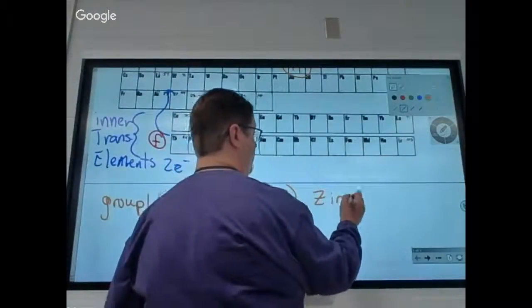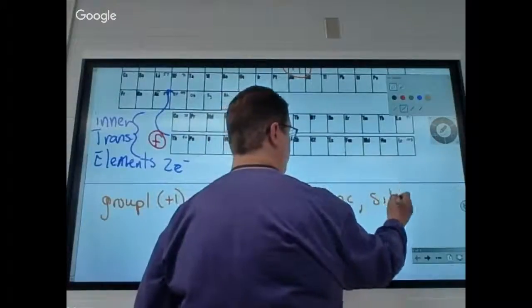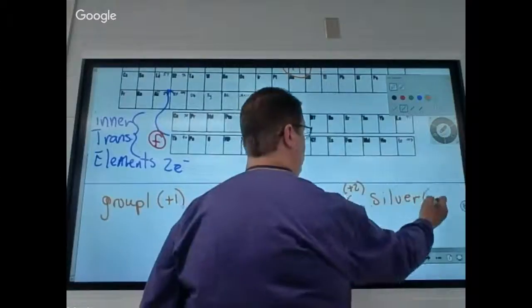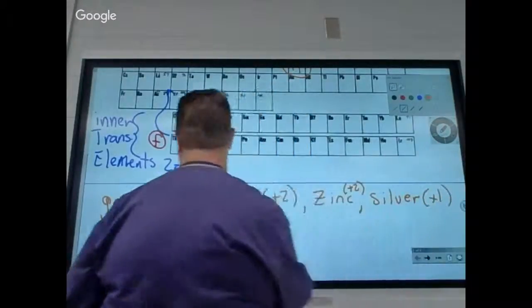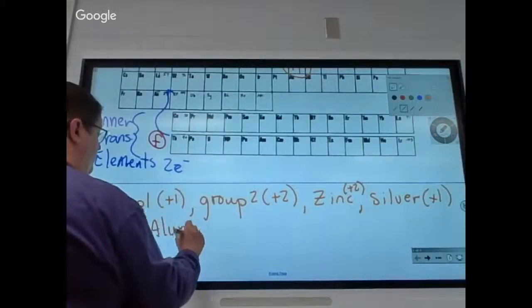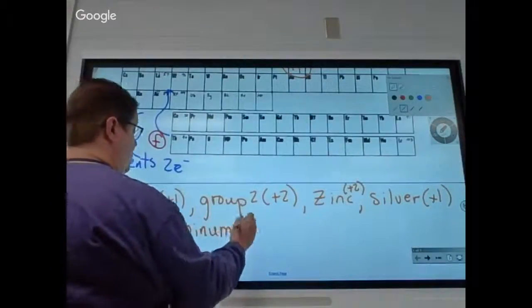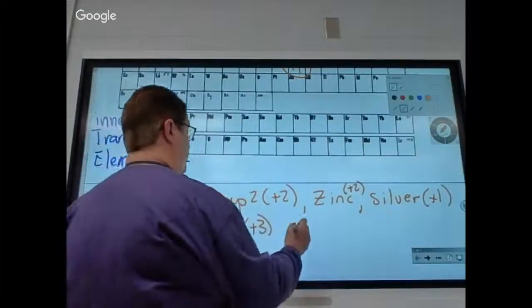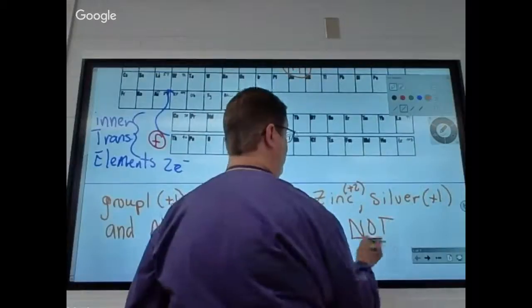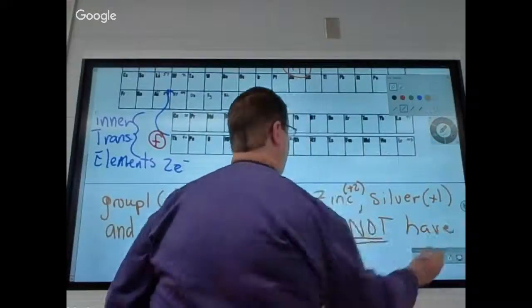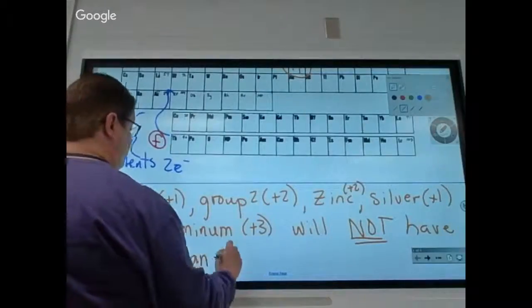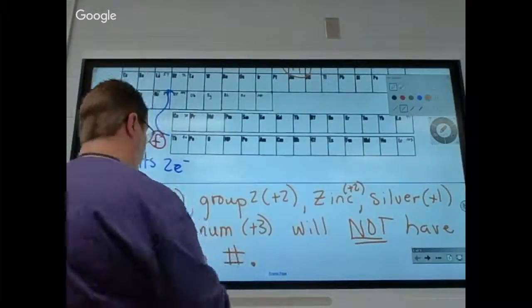Zinc, silver, that one was +2, +1, and aluminum, which is +3, will not have a Roman number. Red is at the bottom. And no, that is red. Okay?